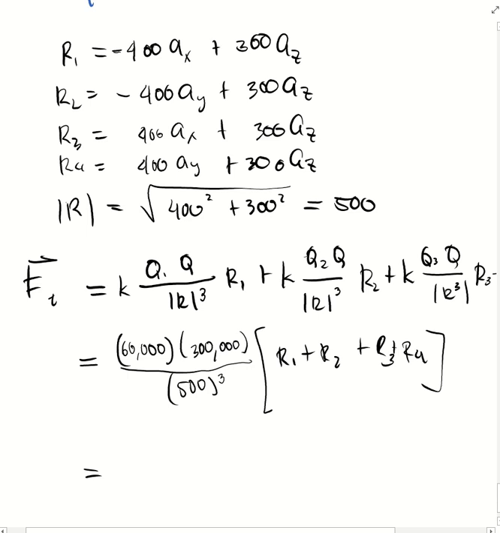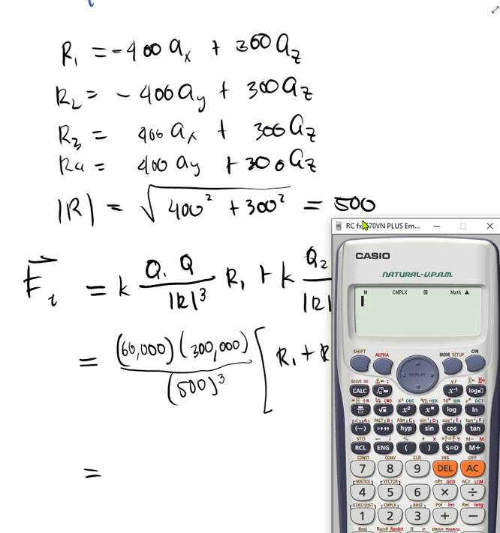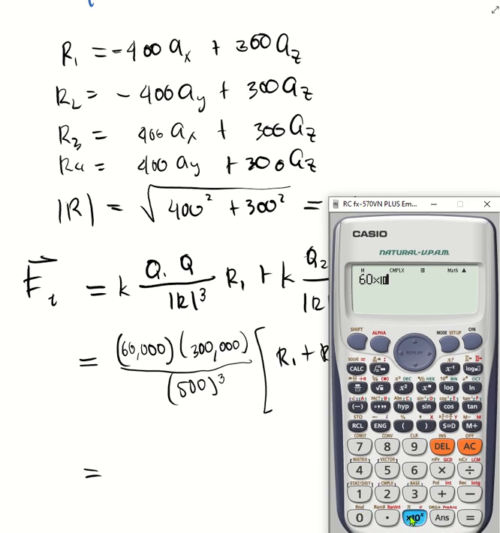So this will be 60,000 times 300,000, then you divide it by 500 cube. This will be equal to 144.